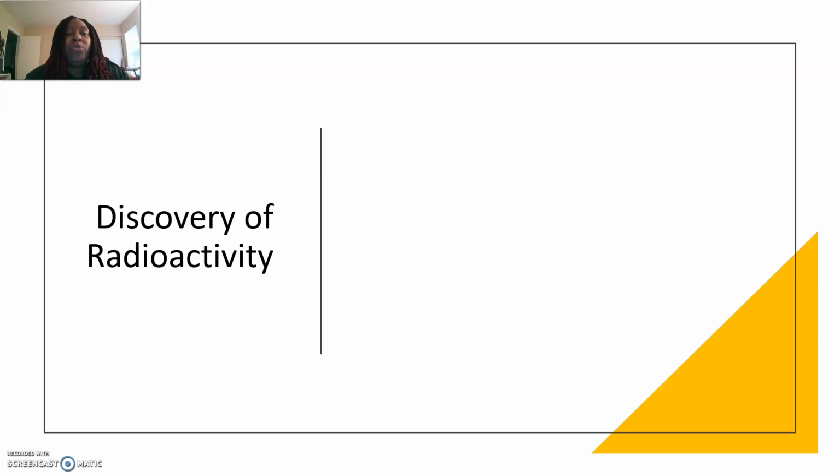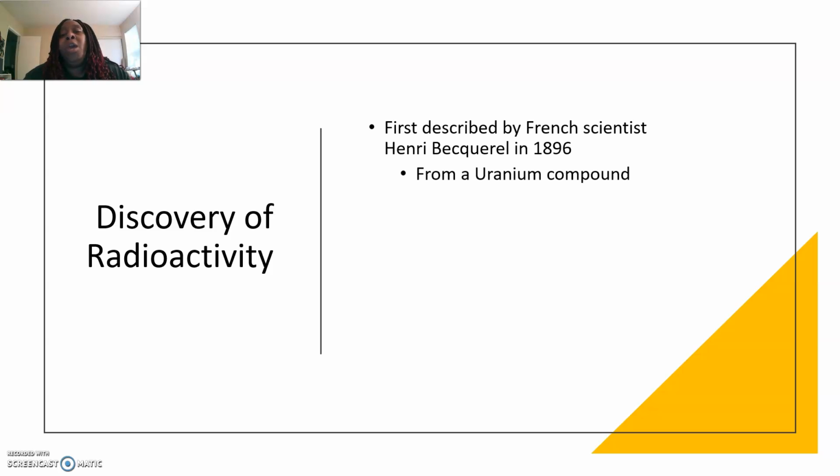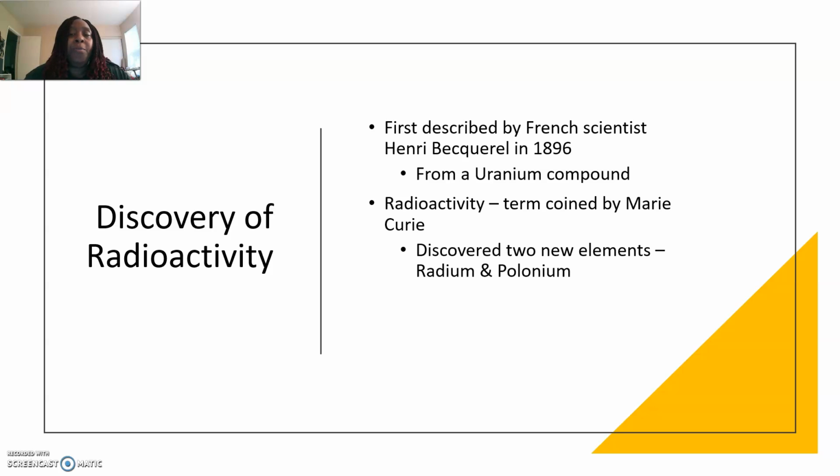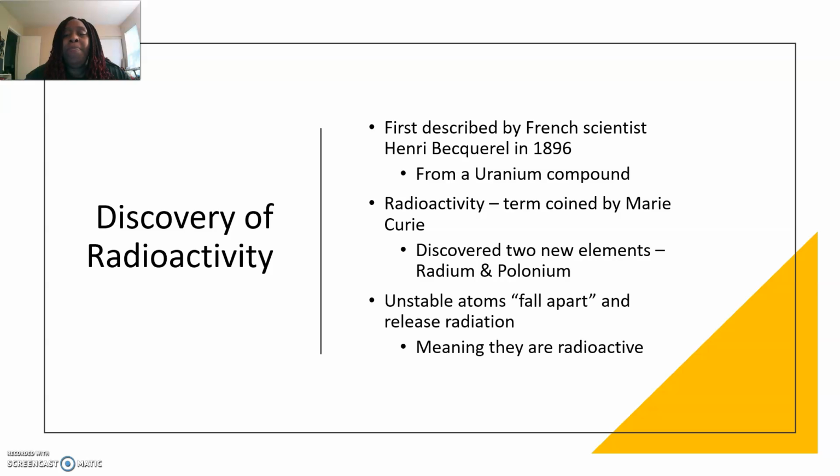Okay, so how was radioactivity discovered? It was first discovered by a French scientist in 1896. He discovered it from a uranium compound. Radioactivity, the term, was actually coined by Marie Curie. She ended up discovering two new elements, radium and polonium.